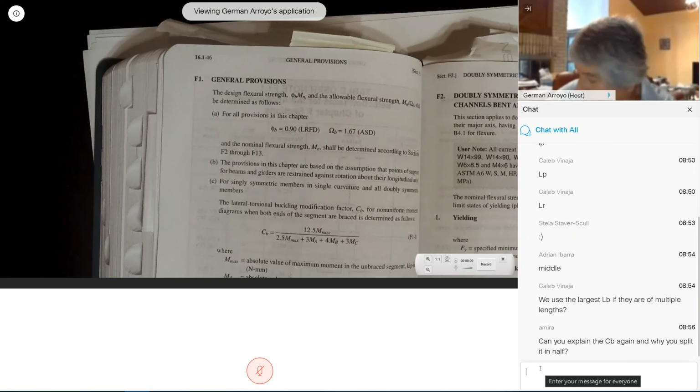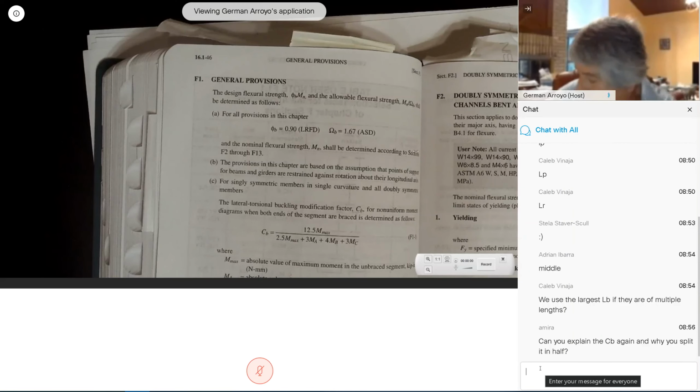Between this point and this point, there is a lateral brace. So from here to the end, we had L sub B. So L sub B for brace, 25 feet. That's what we have to consider. Between the braces, this point and this point, that's why we consider 50% of this diagram, and from here, 1/4, 1/2, 3/4.